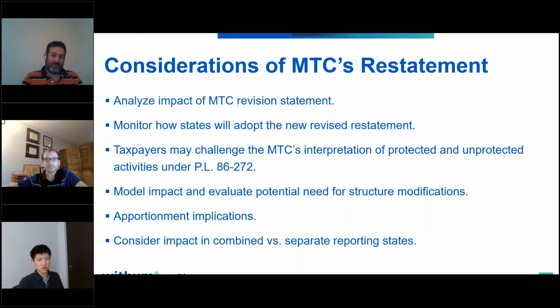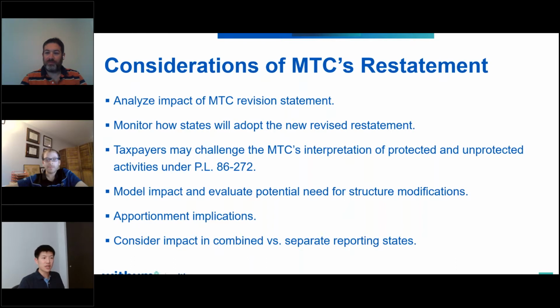Jason just spoke about this regarding the challenges to the interpretation. Again, the MTC doesn't have specific authorities to implement these, but the different states are going to enact the same language, so we might have an argument over what's protected and unprotected under this language.